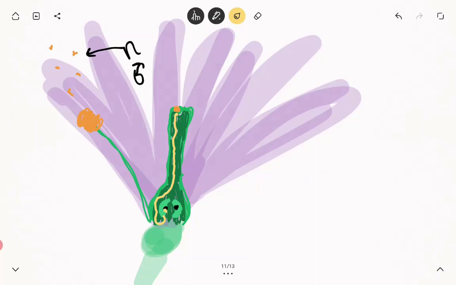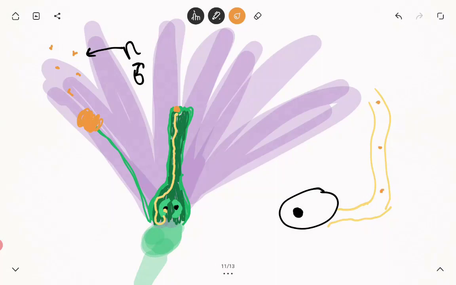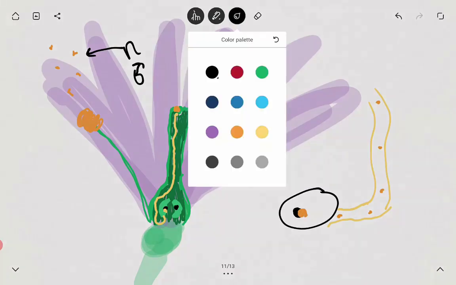Once that egg is fertilized, that egg that's contained inside of that ovary, the haploid pollen cell will move down through the pollen tube, deliver its nuclei into the egg, and now this cell is diploid.